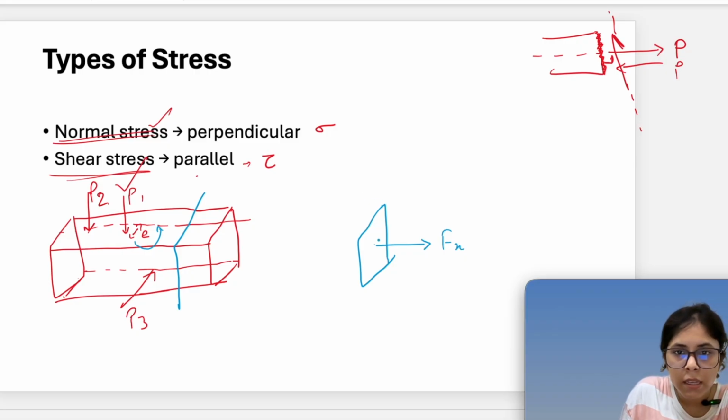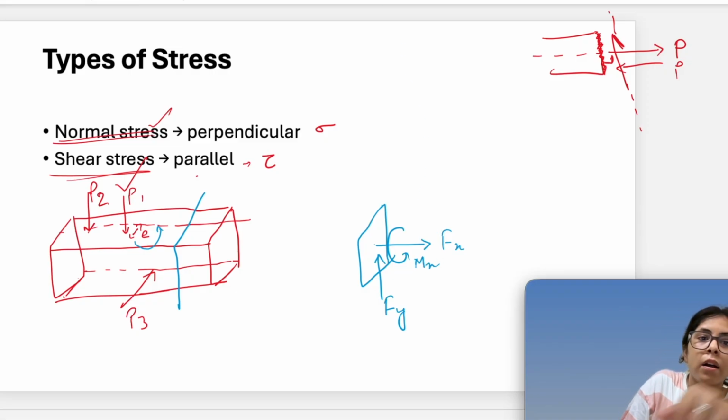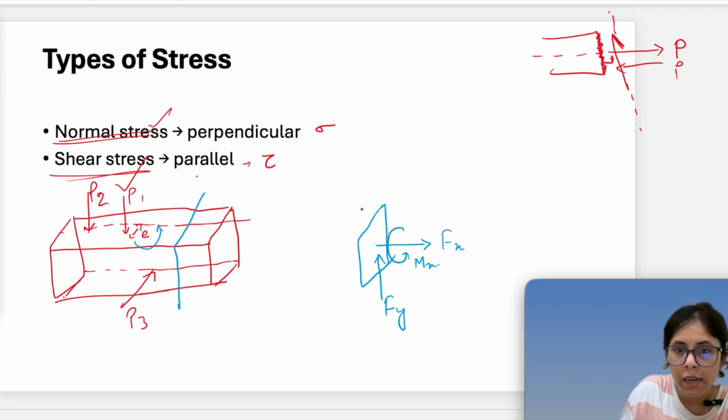What I can see is a force generated in the y direction, and there will be a movement generated in the x direction. Along with that, what else can I see?